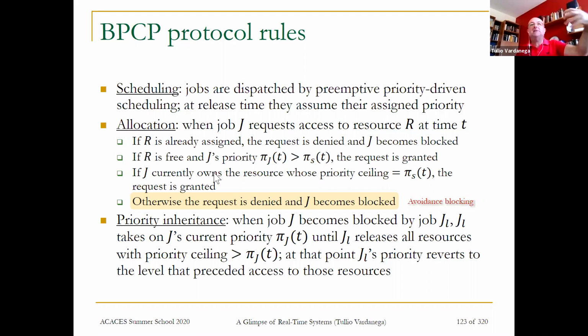So there is only one safe condition for me to obtain this resource, which is free. And that condition is that this ceiling priority is lower than my priority, because it means at that time, no resources that I can care for are busy. So the fork is free and the spoon is free, and I can get them.